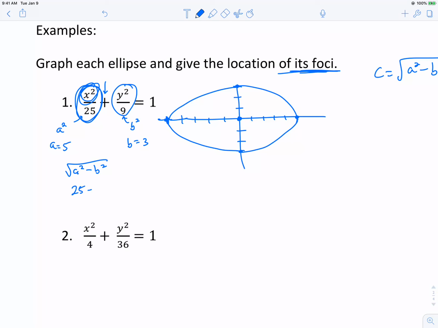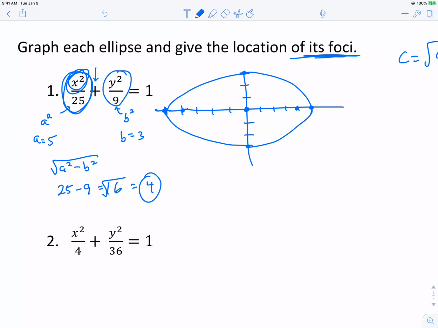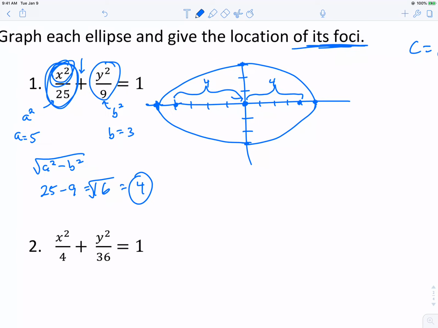That was in our equation. Minus 9, I get 16. So the square root of that is 4. So the foci for these guys are right there and there. And they're always on the major axis. We square root it, and that's the distance from the center out to the foci. So that's that distance of 4. That's how we locate the foci.